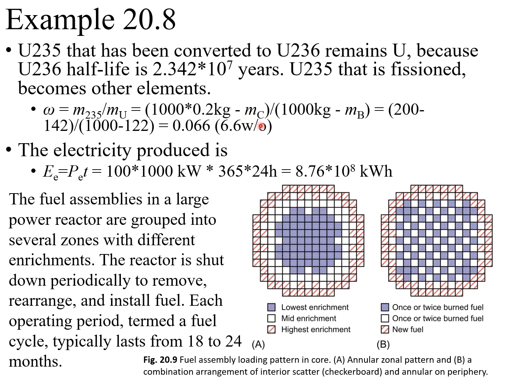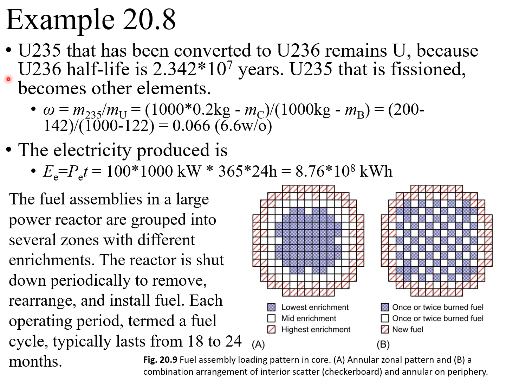So pay attention to this difference, MC and MB. Then the result will be 0.066, meaning that the fuel enrichment is reduced from 20% to 6.6% after 1 year of operation.